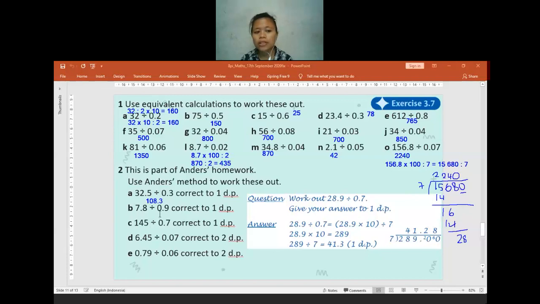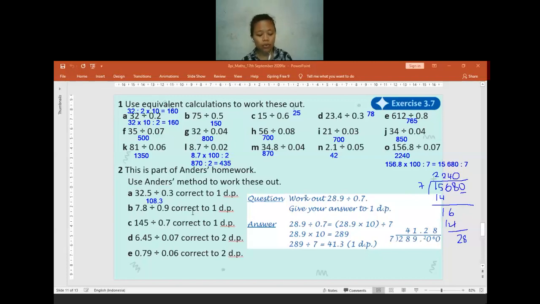For the question 2B, anyone who already done it, you can tell me. I'm reading the chat box. Okay. Yes, correct. It will be 8.6 or 8.7. There are two answers. As I told you before, yesterday what we have done, when the question asks to write the answer correct to 1 decimal place, you have to calculate until you get 2 decimal places.